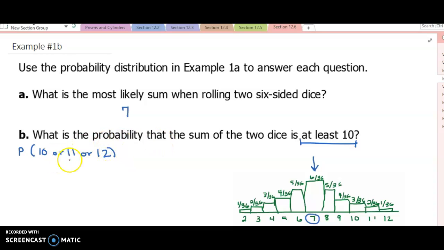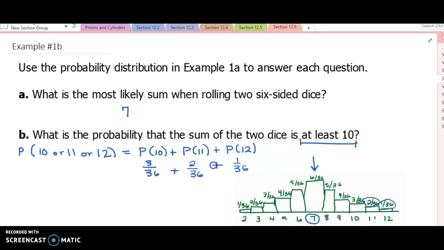Now remember, when this is an or, it's going to equal the probability of 10 plus probability of 11 plus the probability of 12, which is 3 out of 36, plus 2 out of 36, plus 1 out of 36, which is 6 out of 36, and if you wanted to reduce that, 1 out of 6 tries of rolling at least a 10 or a 10 or greater.